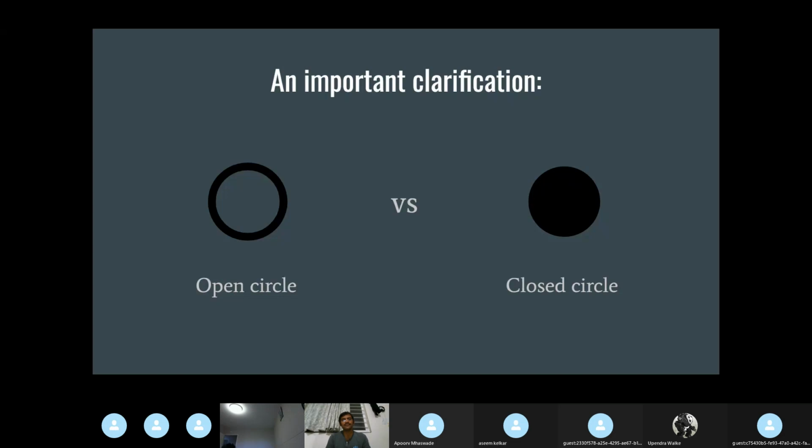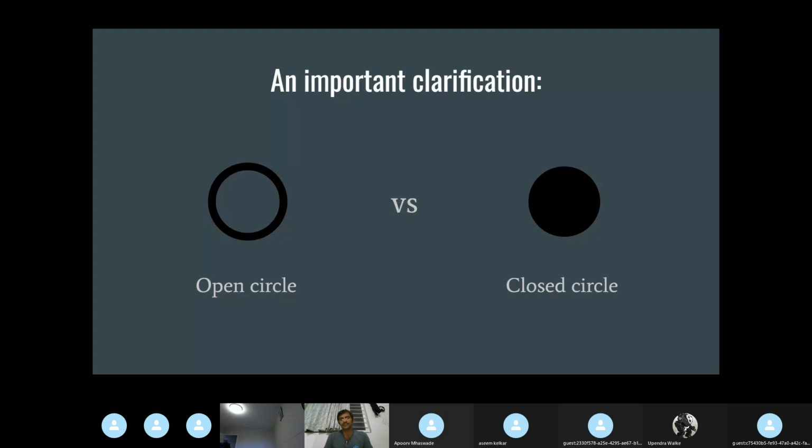So I was saying that I just want to make a clarification. We'll see these two different symbols ahead, but I wanted to make a distinction between them. The one on the left is an open circle, and the one on the right is a closed circle.